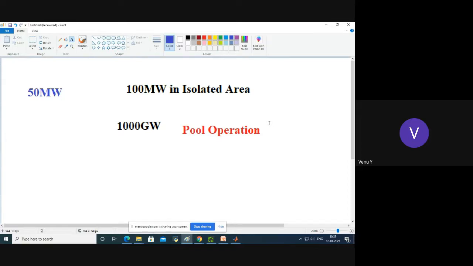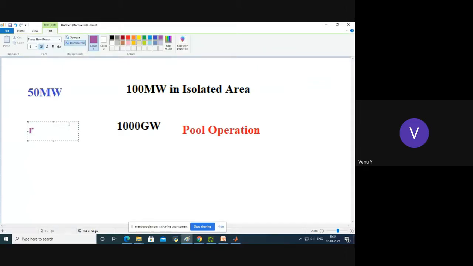Can you tell me, one of you, what is the change in frequency in the first case and what is the frequency change in the second case? Governor regulation R is 4% in all the generators, in all the cases.